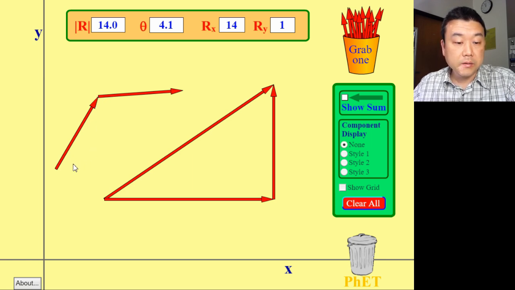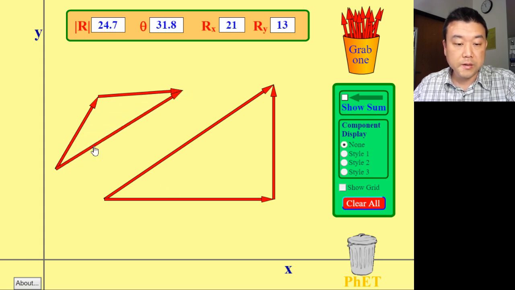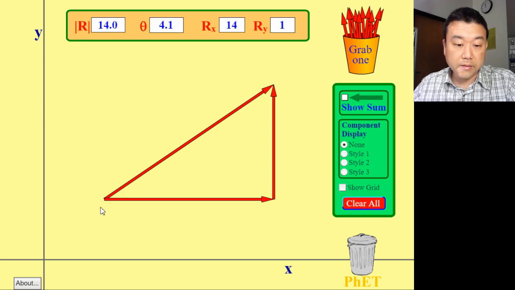And the overall effect of these two changes, one after another, is that you have a total change that takes you all the way from the initial starting place to the final ending place. So this vector is the sum of these two vectors here. And this vector has been represented in a special way.